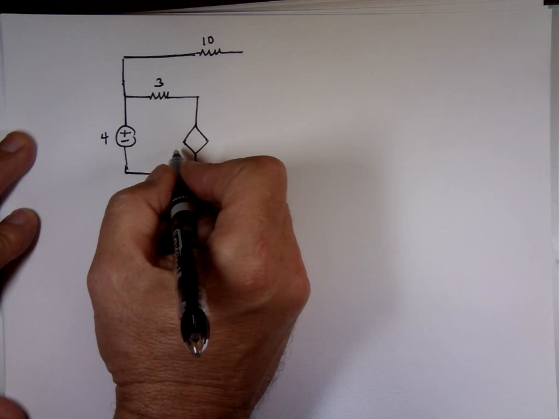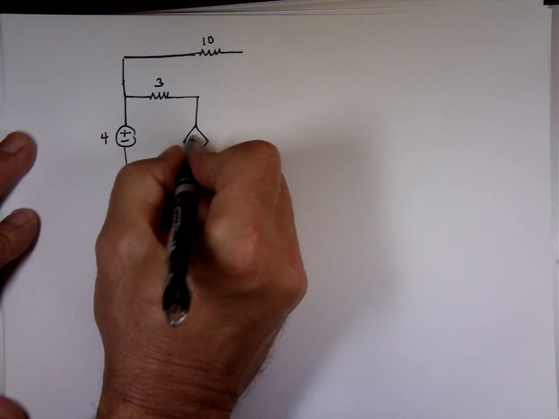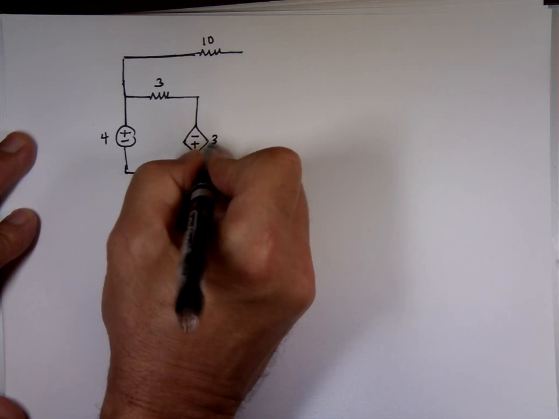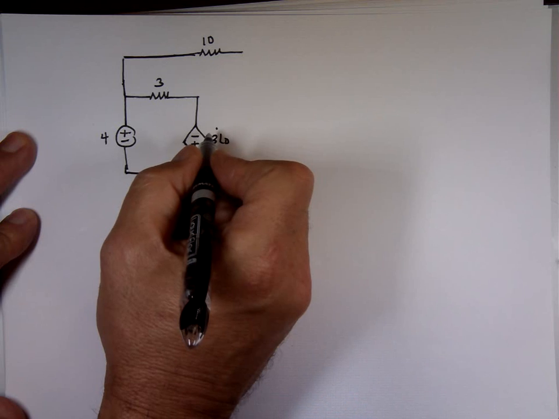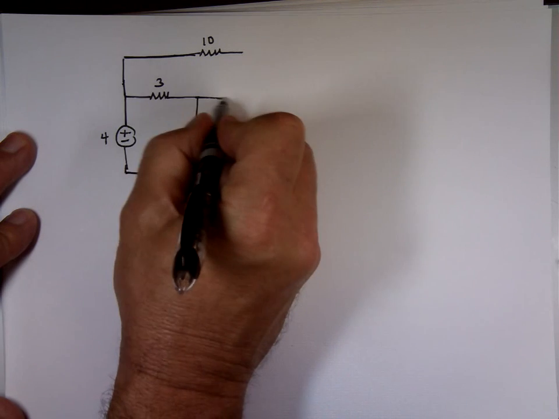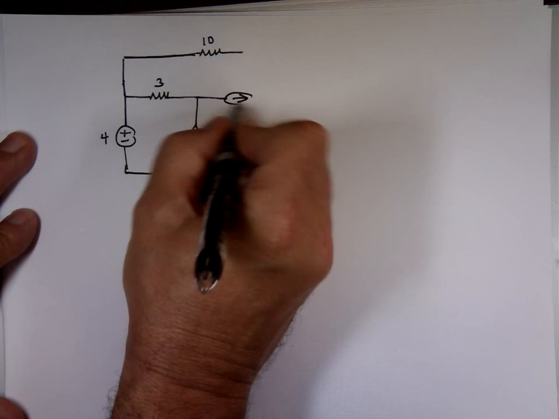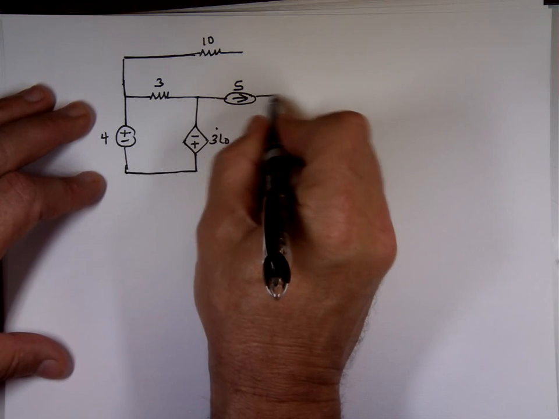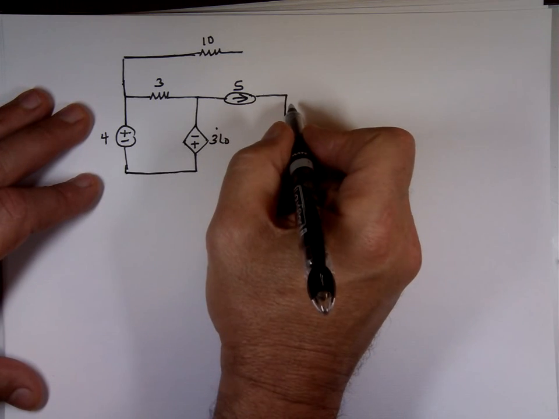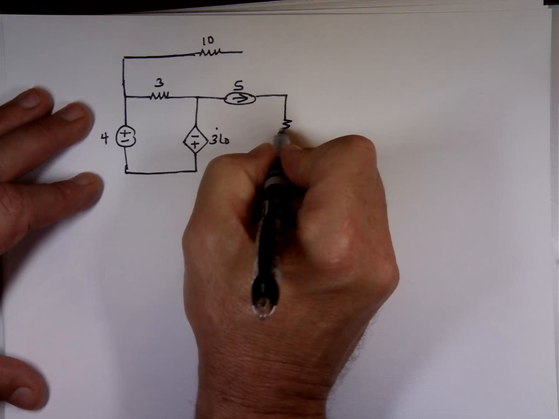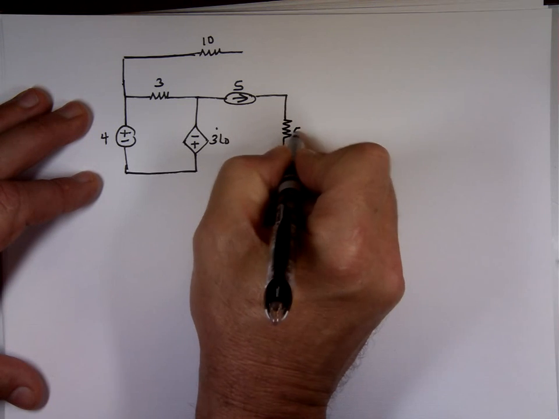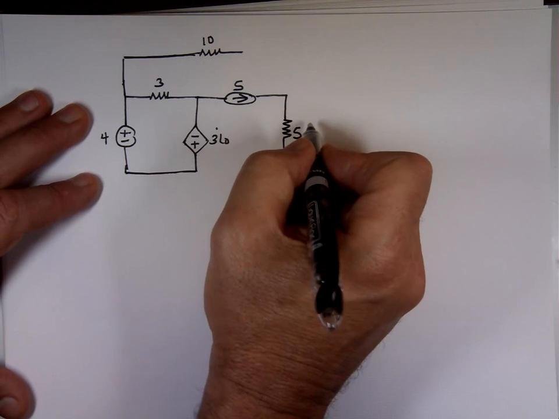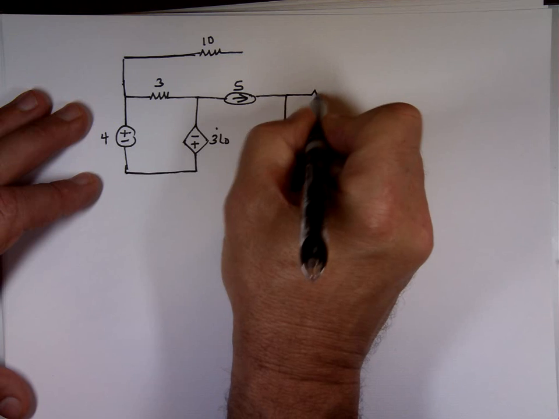Minus to plus, minus on the top, plus on the bottom, 3 I sub O. Independent current source of 5. Five here. 4.